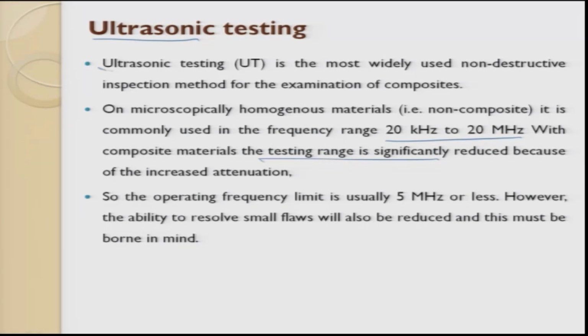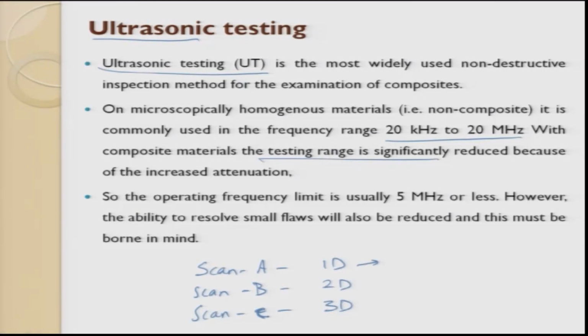So, ultrasonic testing is very widely used non-destructive testing. They can be classified into scan A, scan B and scan C. Basically, scan A gives you one dimensional defect, scan B gives you two dimensional defect, scan C gives you three dimensional defect.